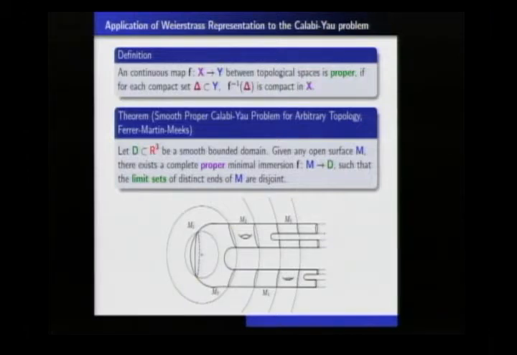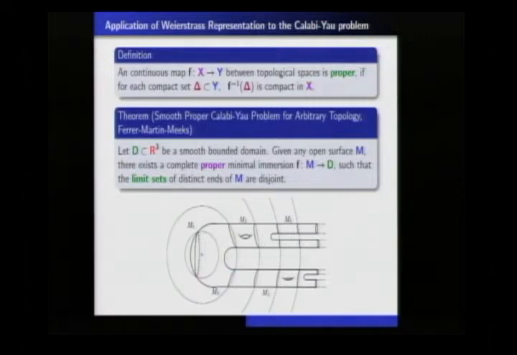So there's a lot of control here. You have to worry about a lot of things. Let me just again say, so limit set of distinct ends. So it's a little abstract, but it makes some kind of sense. After I've done this, this part somehow goes properly into the boundary, somehow limits to the boundary, and this part limits to the boundary.